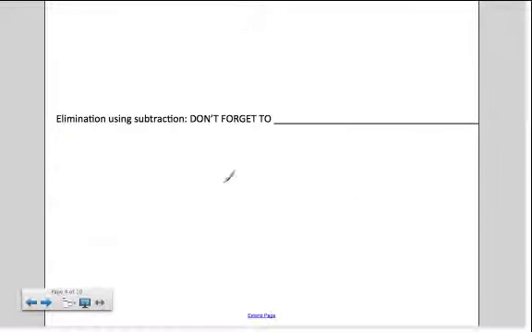Okay. Well, what if they're not opposites? What if I can't just add down? Well, you can use subtraction, but don't forget to distribute the negative. Okay? If you need to change the signs for the entire equation.